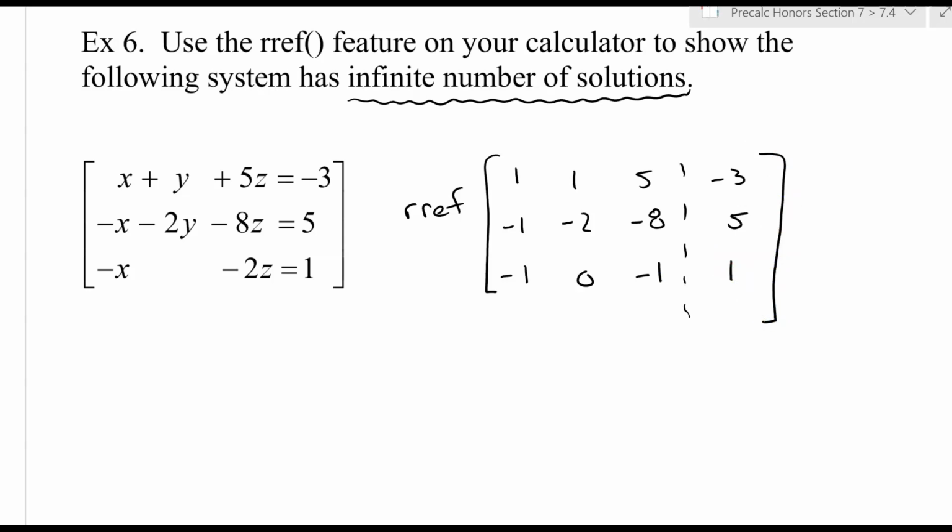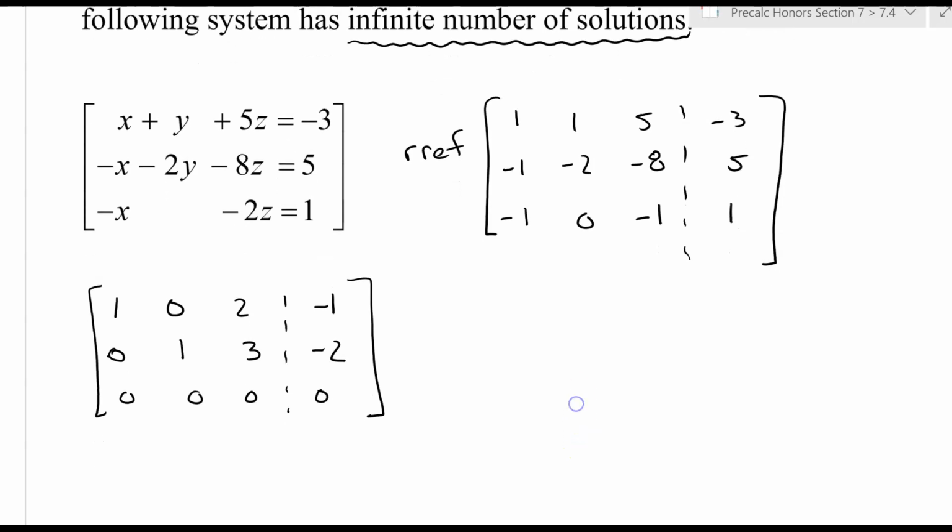And if you want to pause the video, you can write in the matrix that you get. So if you want to pause, when you restart, the reduced row echelon form matrix that you get will be there, and we can talk about that. So pause now. All right, so this is the matrix that you should have calculated from the original system, and let's translate this a little bit.